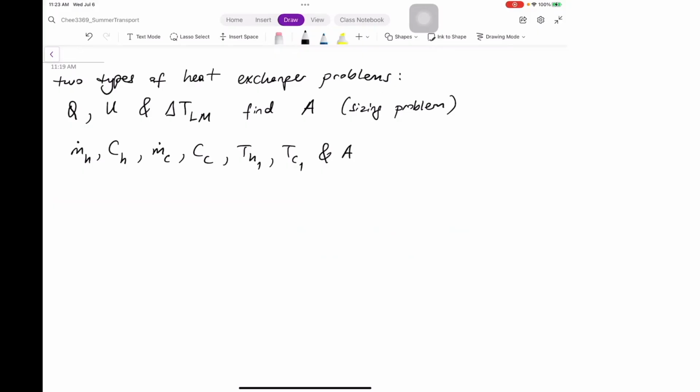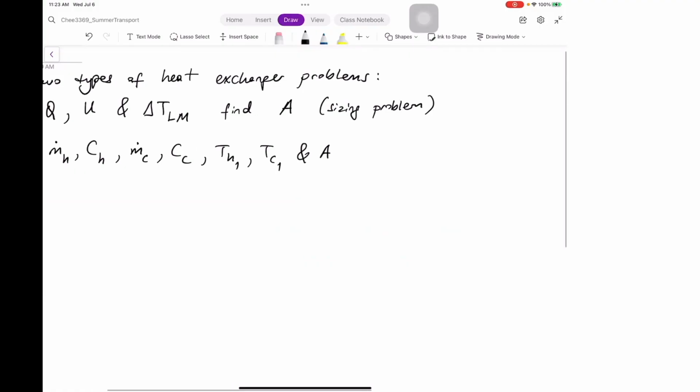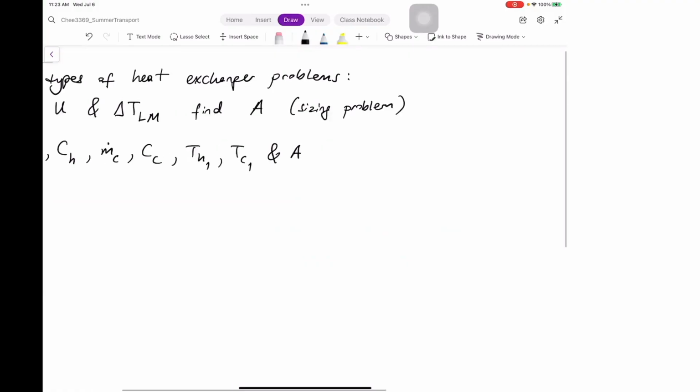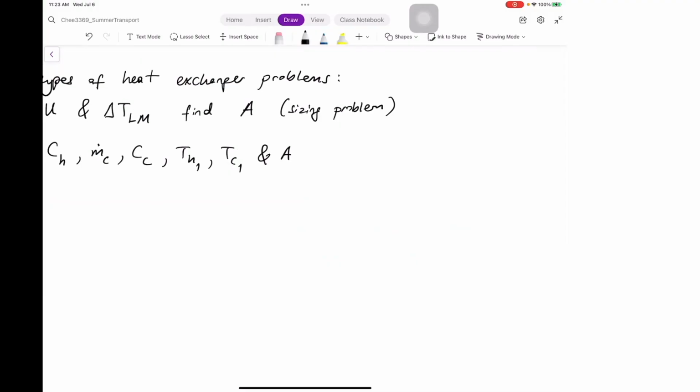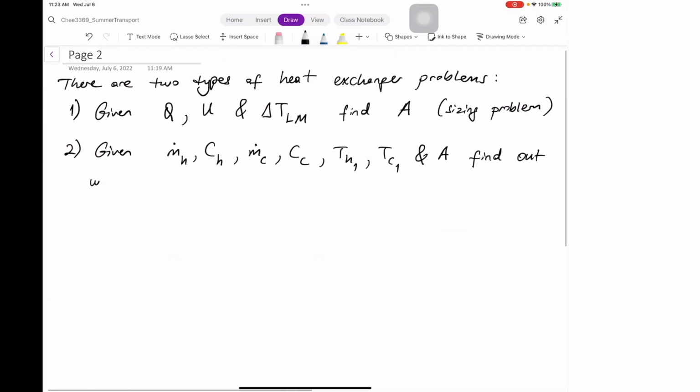You already have one working heat exchanger, but you're asked to find out what the outlet temperatures are.